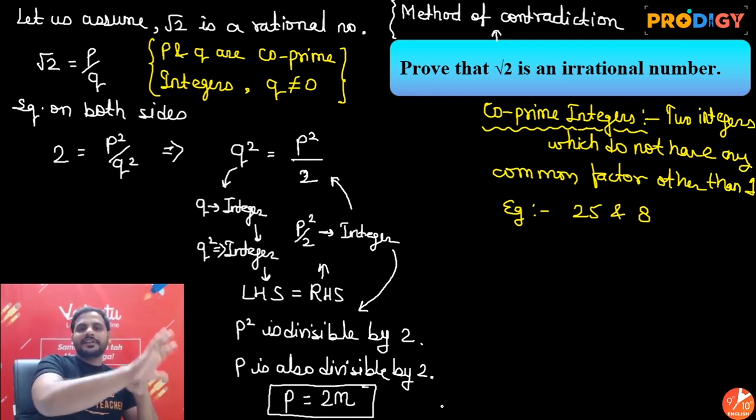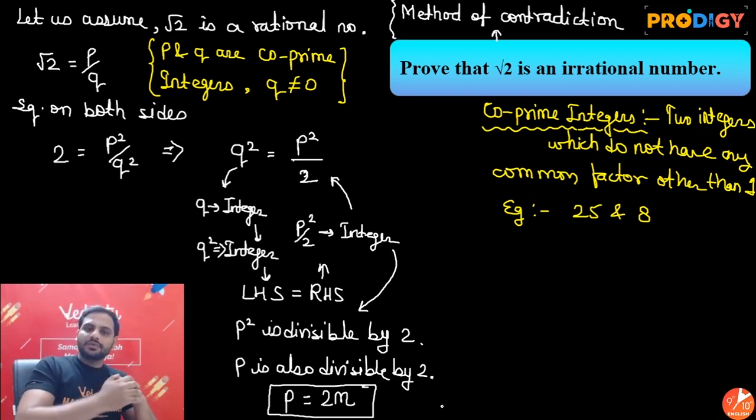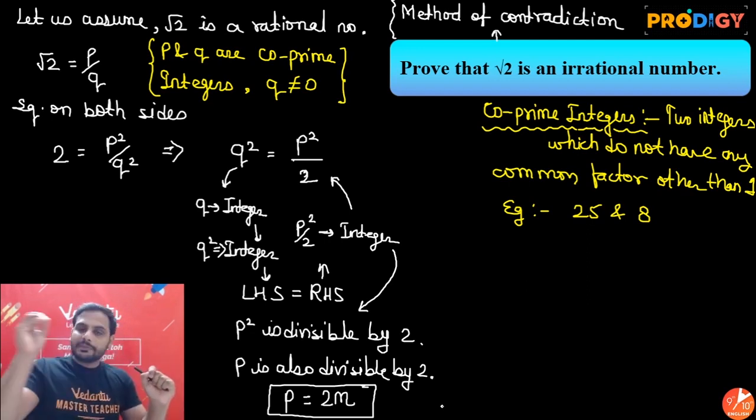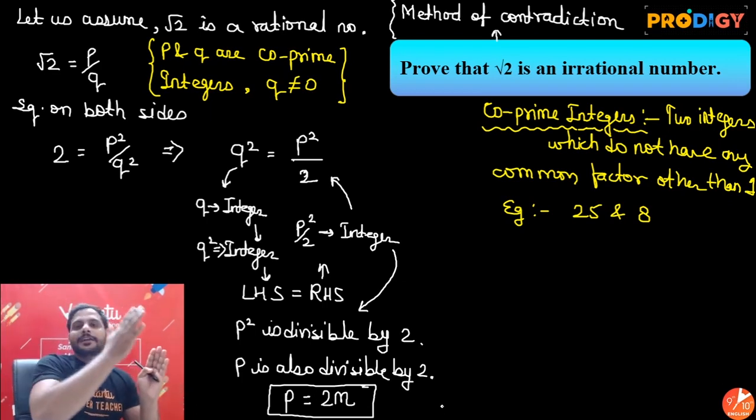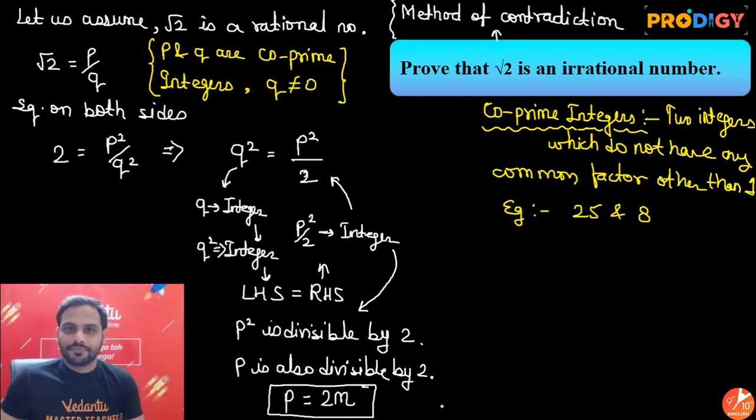If LHS is an integer, RHS is also an integer. RHS, we have p square by 2. If p square by 2 is an integer, it clearly means p square is divisible by 2. And if p square is divisible by 2, p is also divisible by 2. And since p is divisible by 2, we can say remainder is 0. So by Euclid's division lemma, we can write p is equal to 2m.